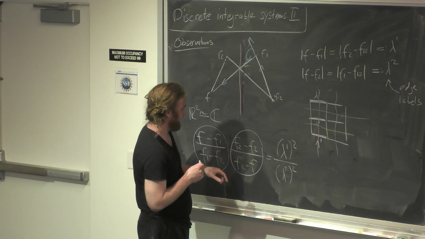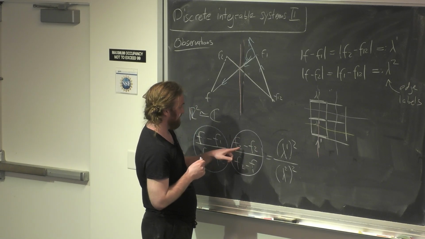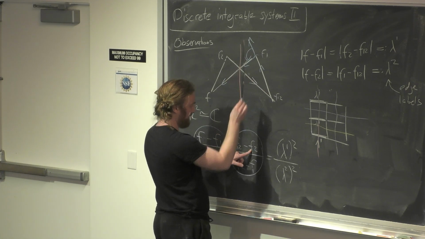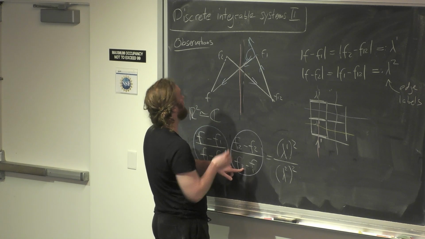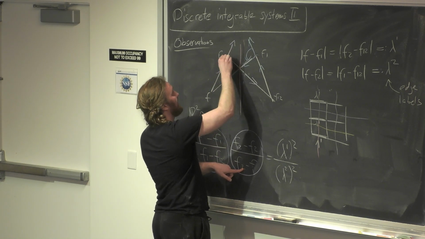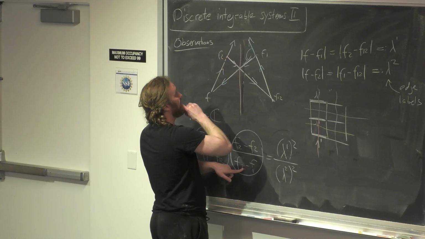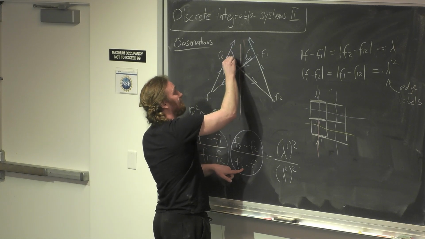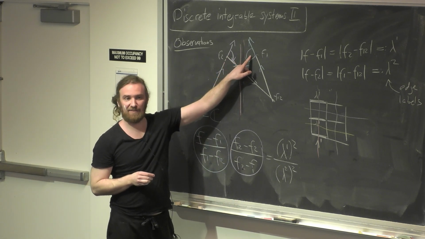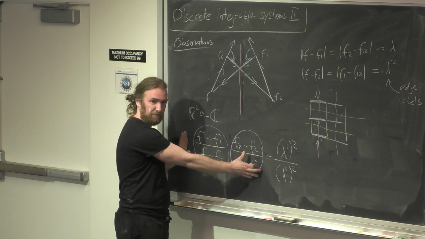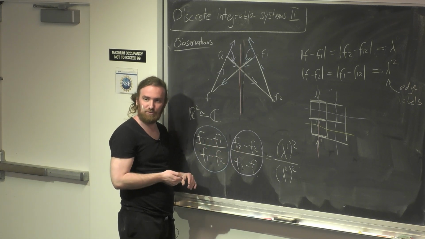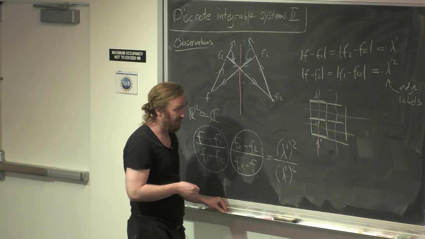Remains to check this one. I have f12 minus f2, this edge, and f2 minus f. So I should look here. Now it's this angle, which of course has the opposite sign of this one. Since I'm looking at the product, I look at the sum of the arguments, so this is really 0. So that's essentially the proof that this equation is true.